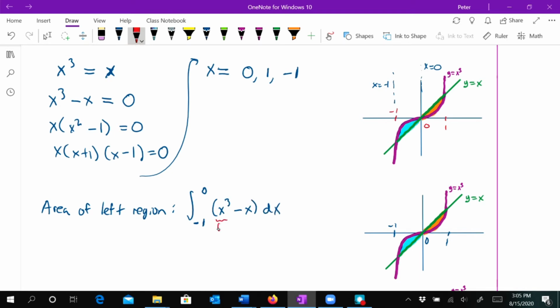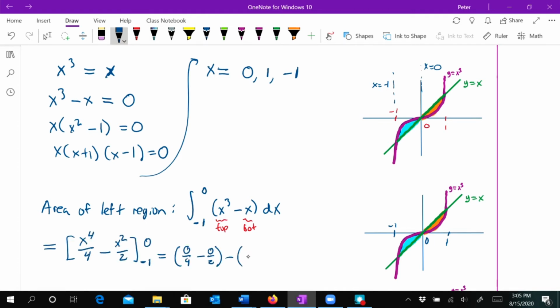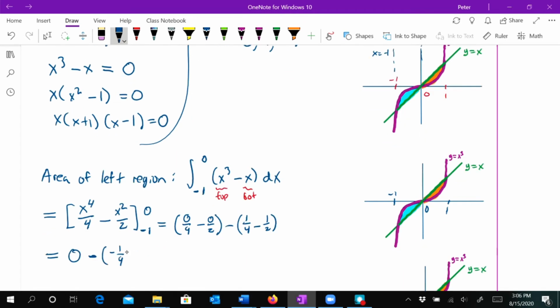So that's top, that's bottom, and then I'm going to quickly go through the algebra to find that area. So that's the area of the region on the left.